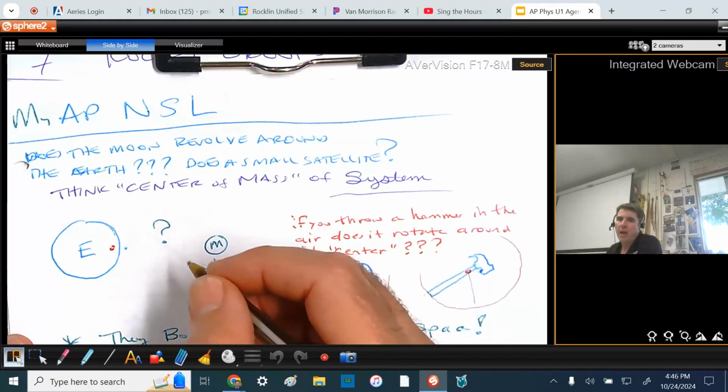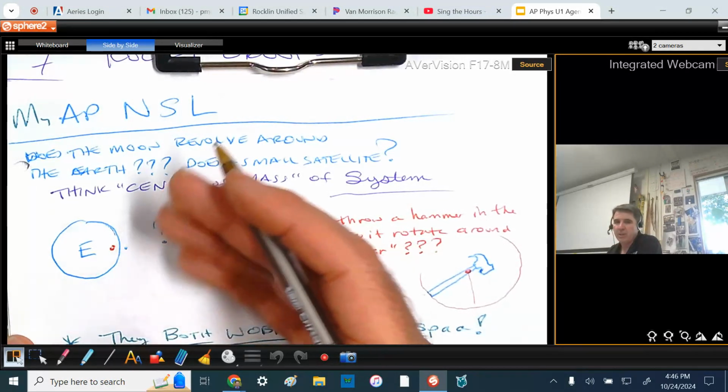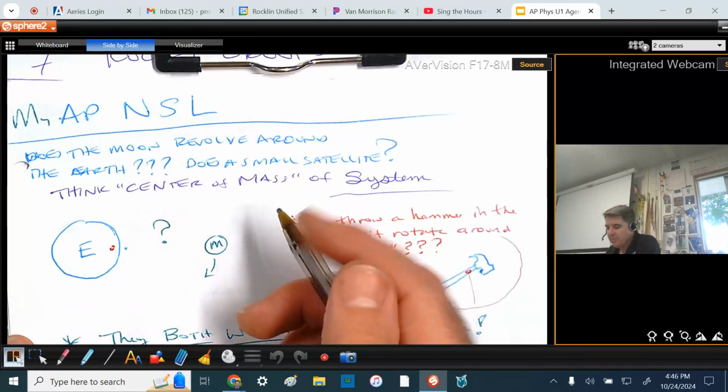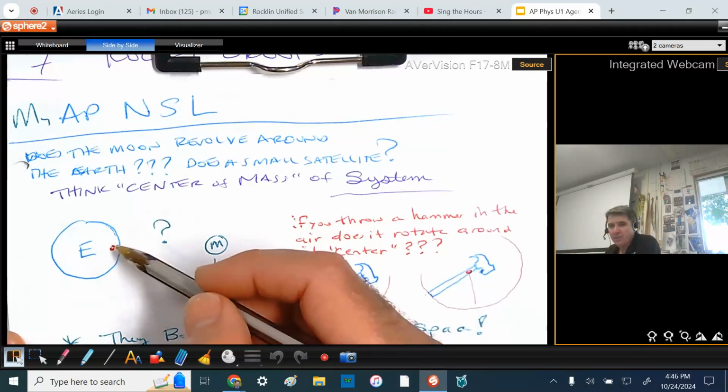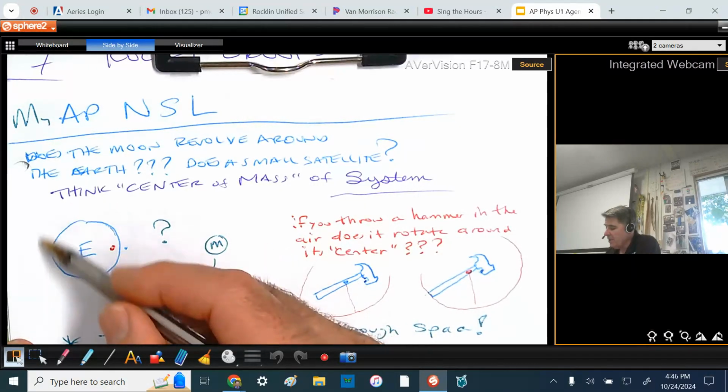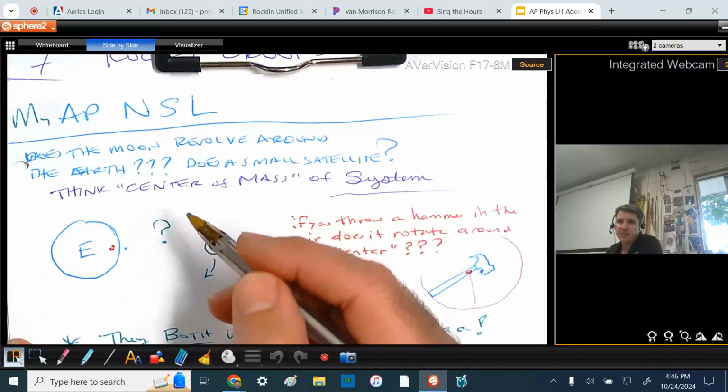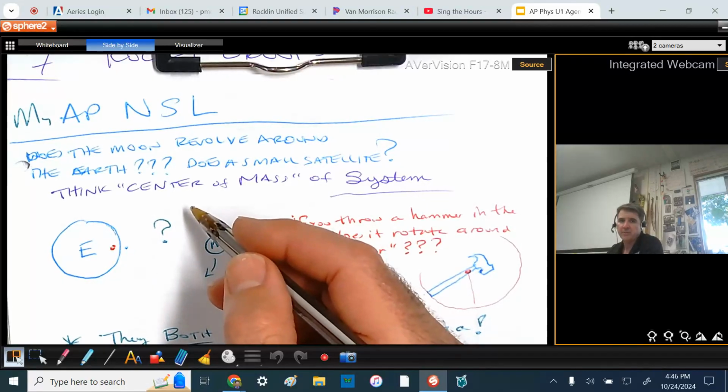So the Earth is massive, and a satellite is maybe 100 kilograms, depending on the satellite. And so it makes zero difference. The center of mass is pretty much the center of the Earth because the Earth is so massive in comparison.